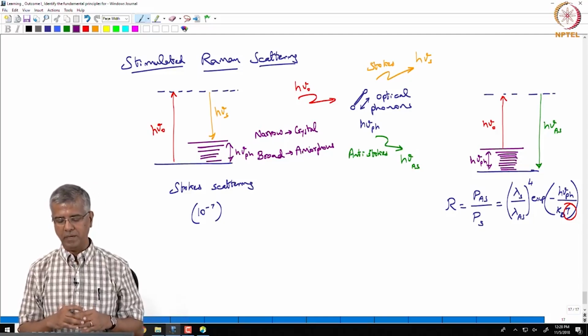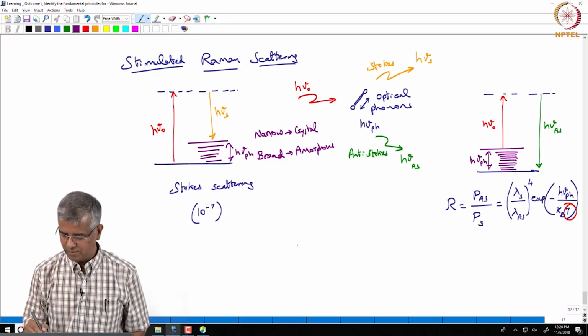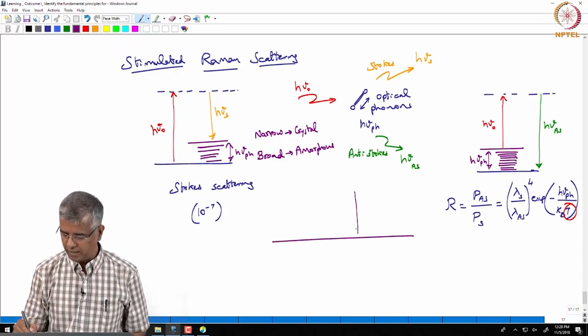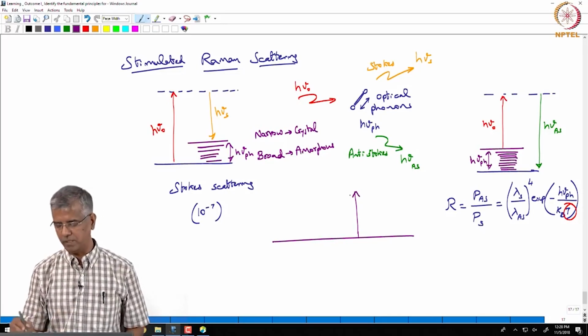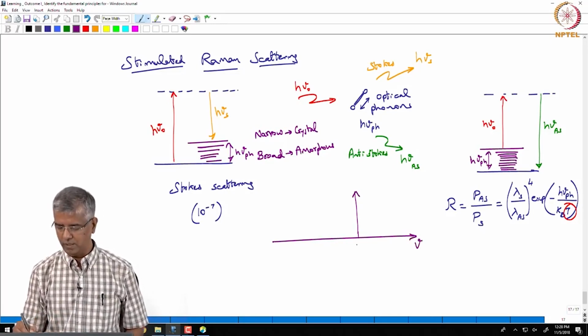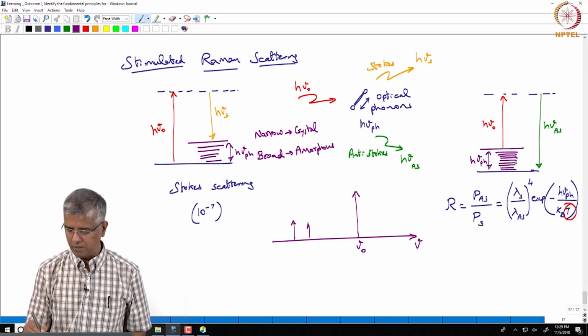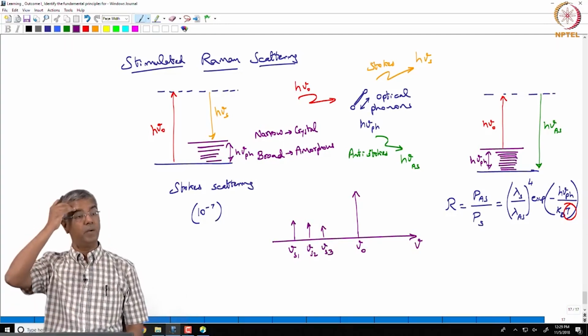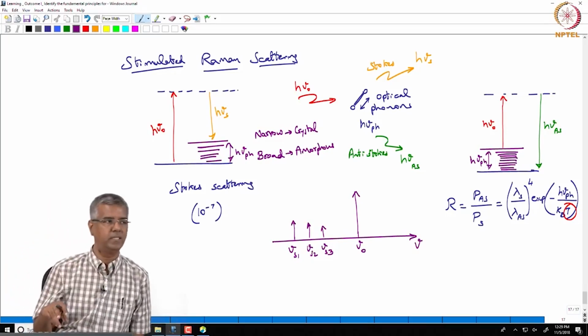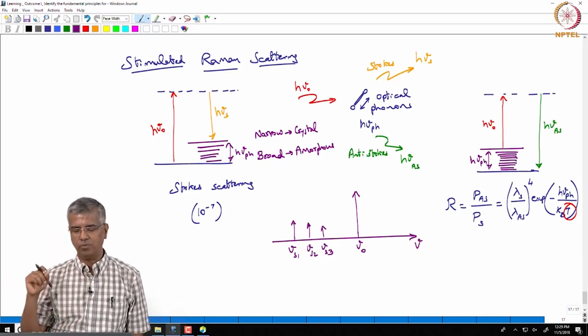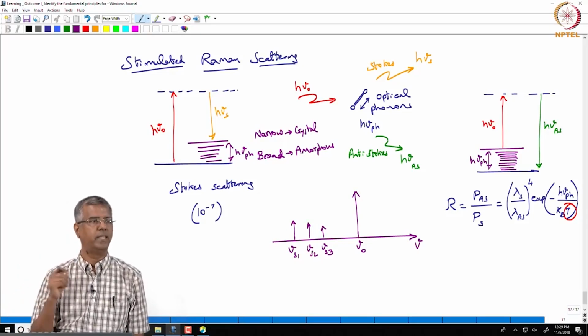So when you look at that scattered light, we are saying, okay, I am illuminating with this frequency. Let's just talk in terms of frequency. This is my nu naught. Then when I look at my scattered frequency, I can have multiple components, nu s1, nu s2, nu s3 and so on, right. I can have multiple components. Each of those components is representative of a particular molecule in that material.